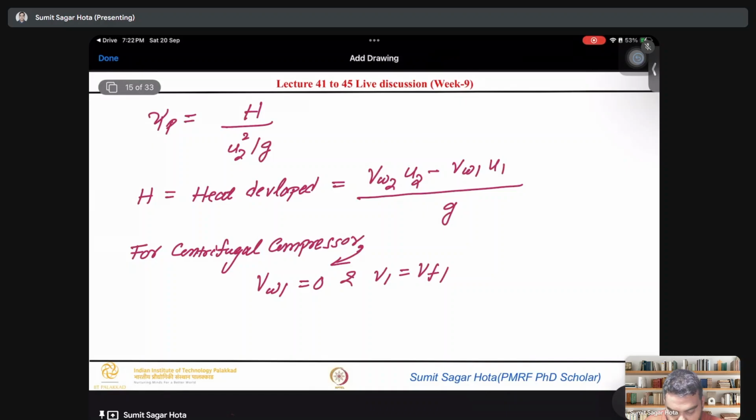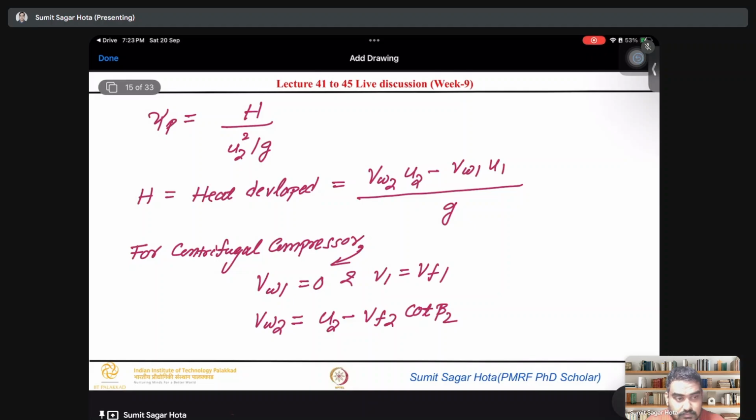So what is the Vw2 value? Vw2 is equal to U2 minus Vf2 into cot beta 2.